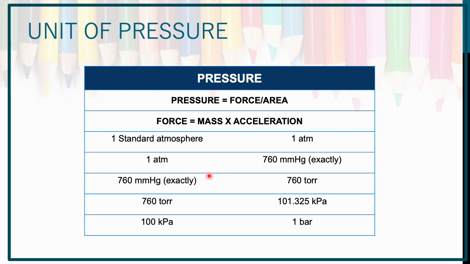And then, 760 millimeter mercury is equal to 760 torr. 760 torr is equal to 101.325 kilopascal, and 100 kilopascal is equal to 1 bar. So this is all the units for pressure. So you need to know how to convert between bar to kilopascal, from torr to millimeter mercury. So all here are the conversion units of pressure.